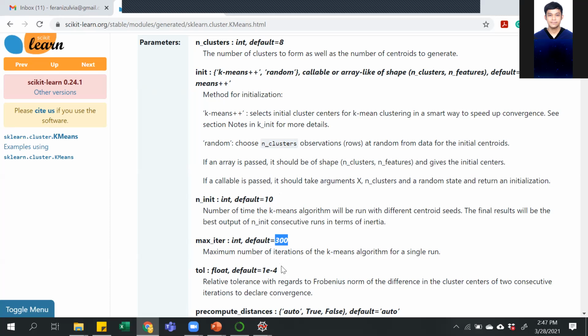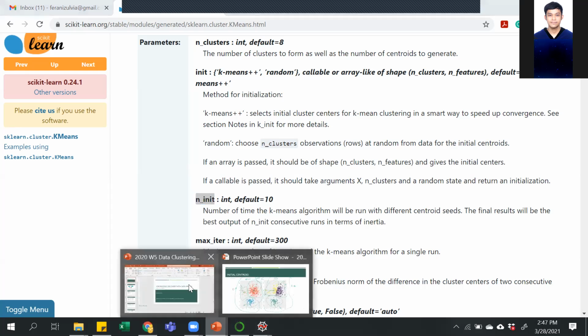Okay. So init and n_init, these two are about the initial centroid, but max_iter and tol are about the stopping criteria.